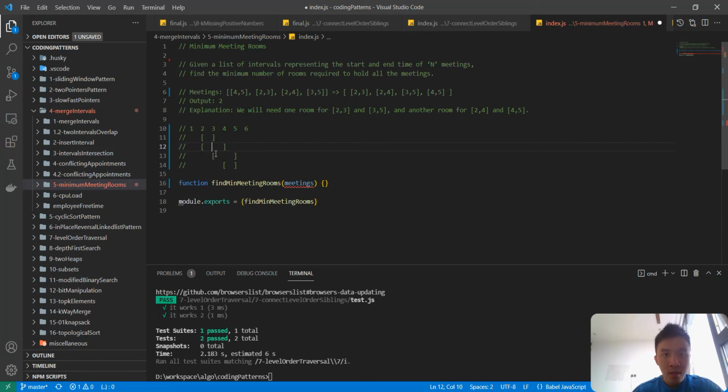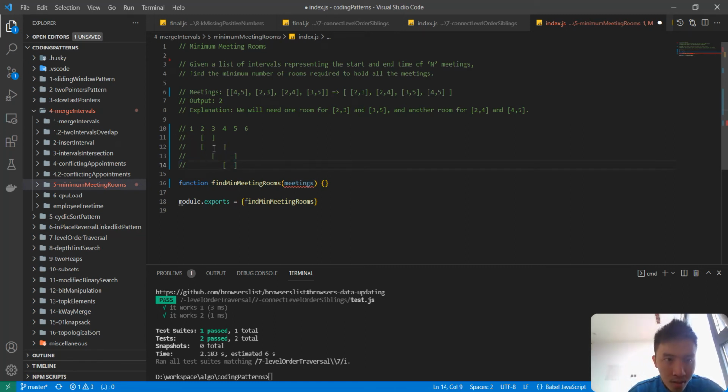So at 3 only this one and this one are happening at the same time, right? Because there are only 2 meetings happening at the same time, we still need 2 rooms.